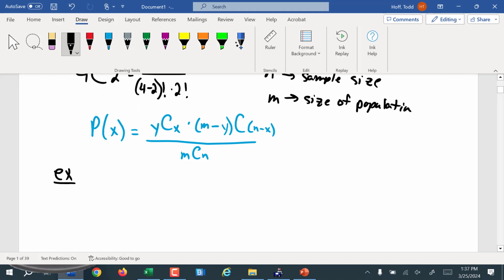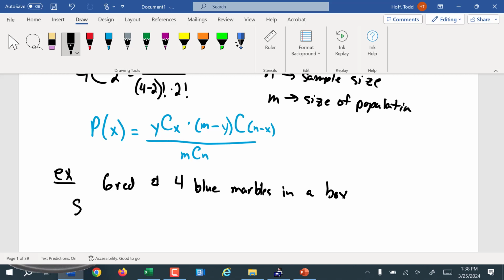So our example is if we have marbles in a box, 6 red and 4 blue marbles in a box. And I want to know what is the probability if we select 3 marbles without replacement.